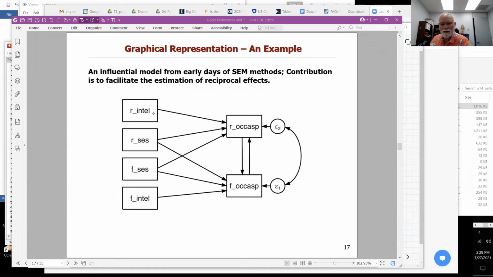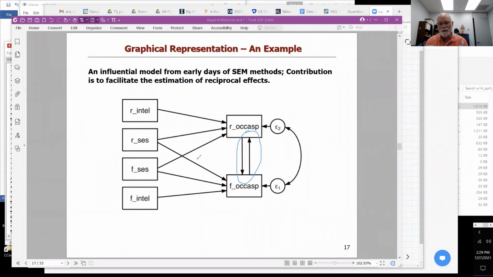So there's a declaration here by the graph that this variable does not have an effect on friends' aspirations. And this variable does not have an effect on respondents' aspirations. If that's true, then calculations can become possible, which will allow for these two reciprocal effects to be quantitatively evaluated.